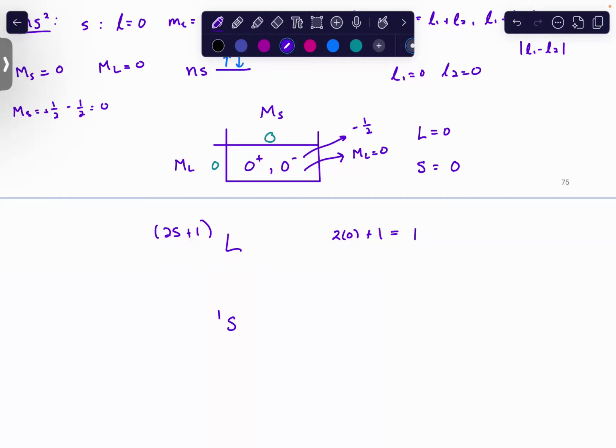This 1 is a singlet spin state. What does that mean? Most of the time it means that all of your electrons are paired, all of your spins are canceling each other out.